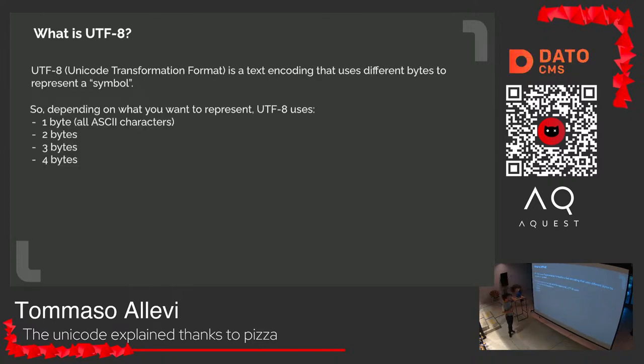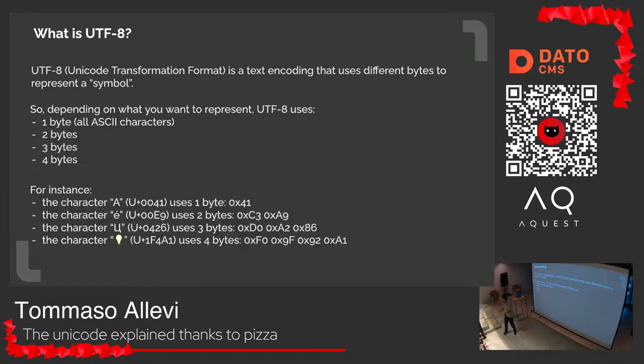Using different ways, from 1 byte up to 4 bytes, and this is not ideal, but it's better than before, because at least it's a standard. So, for instance, we use just 1 byte to represent uppercase A, but we use 2 bytes to represent the accented E. That letter, I don't know, uses 3 bytes, and the last one, 4 bytes.